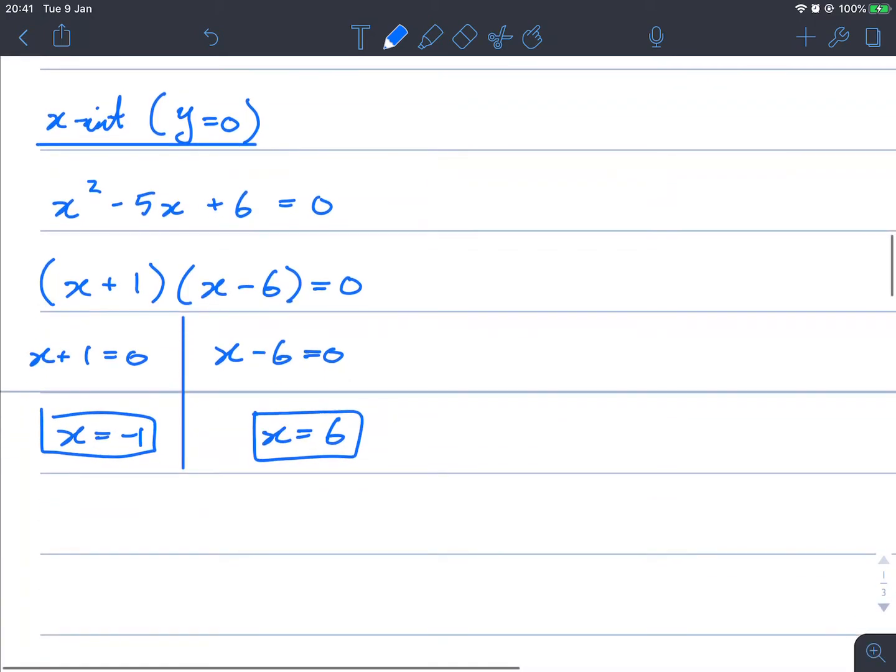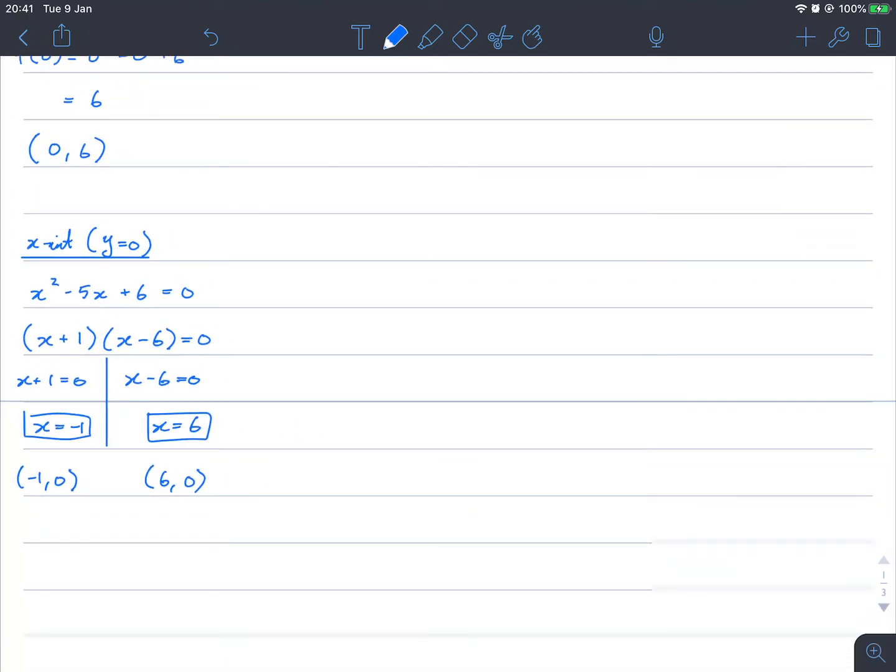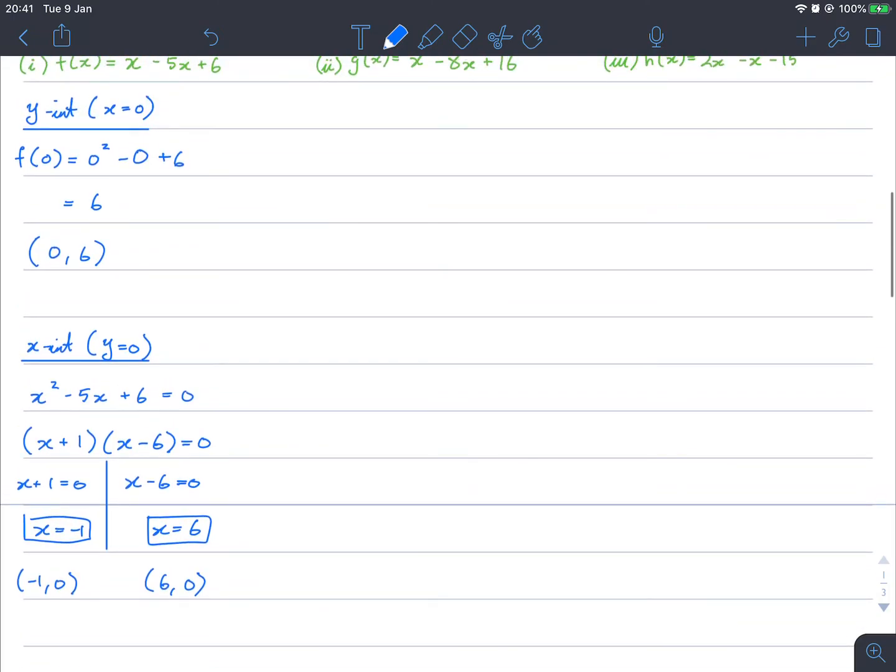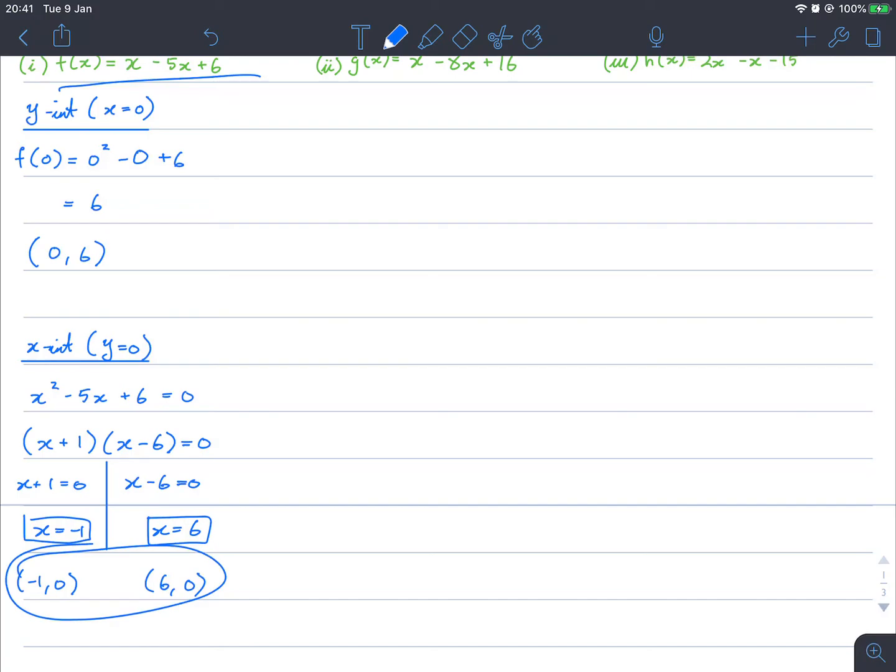So my two x-intercepts are at negative 1, 0, and 6, 0. Okay, so that's my y-intercept for this function and my x-intercepts for this function.